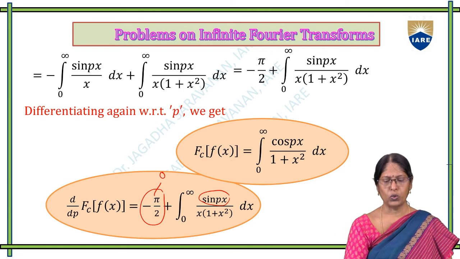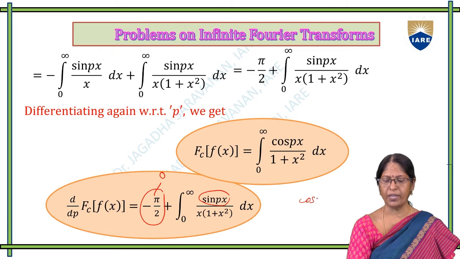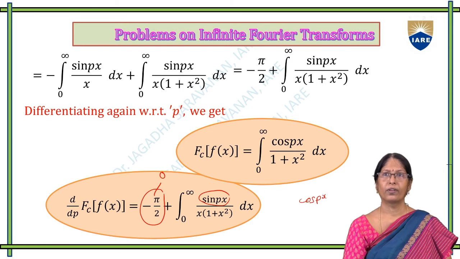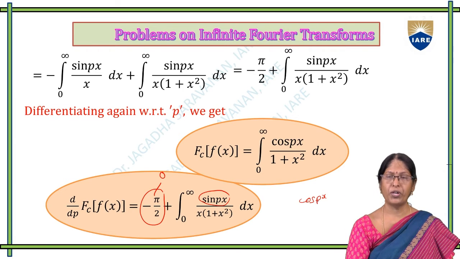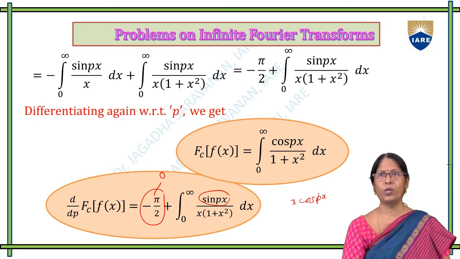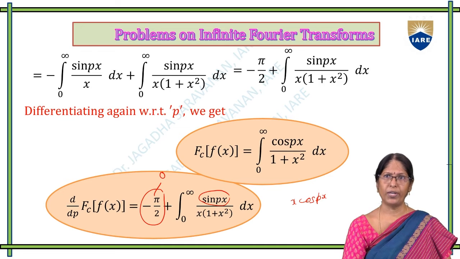So sine px, the differentiation is, we know it, cos px. Again, the coefficient of p is x. That is, we will leave p, the remaining will become as coefficient.